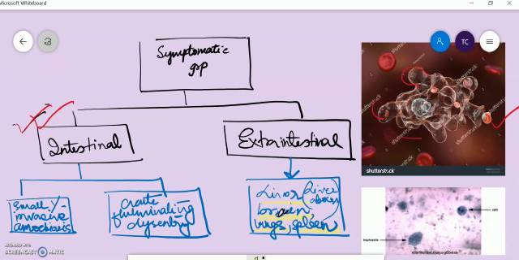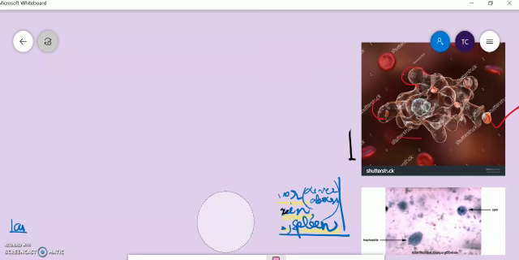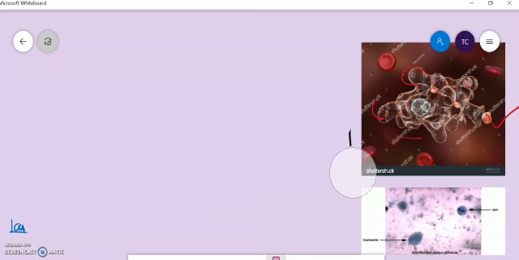Okay. Next comes the third point. Now this third point is very, very important, right? This third point is from the epidemiology point of view. So quickly moving on to the third point, that is your epidemiology.